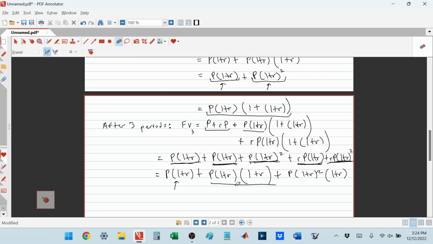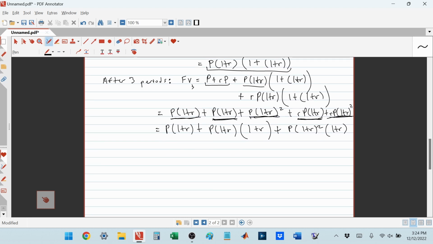So we've simplified. And now, what's common to all three terms? There are 1, 2, 3 terms here. What's common to all three of them? A P times (1 + r). Pull that out.